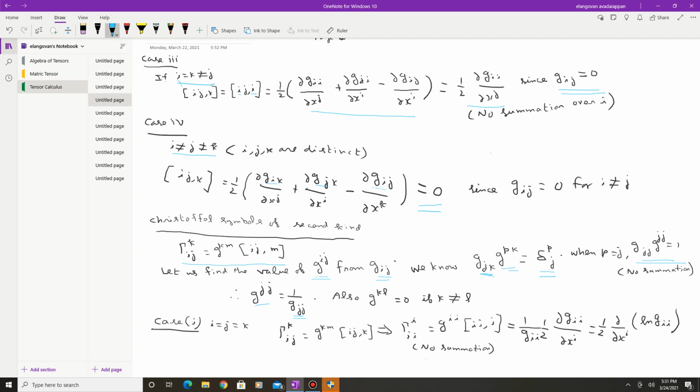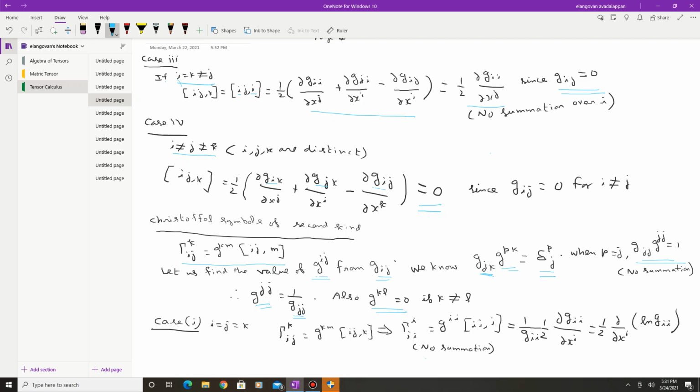The covariant element is given, so from this the contravariant element can be determined. Also g^kl is important. When k is not equal to l, this will be 0.